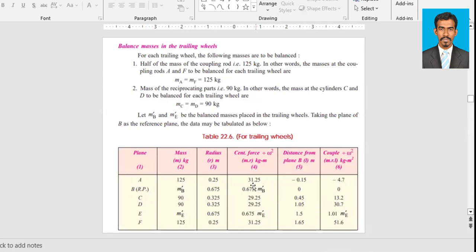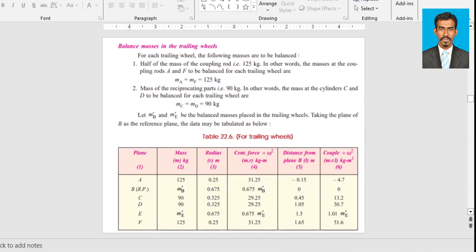So for the force polygon you will have 2 unknown values, and for the couple polygon also you will have 2 unknown values. So you can't start drawing any one of these, and that's why we usually select one of the planes of the unknown mass as the reference plane. So here you can take either B or E as the reference plane. I'll take B. Alright.